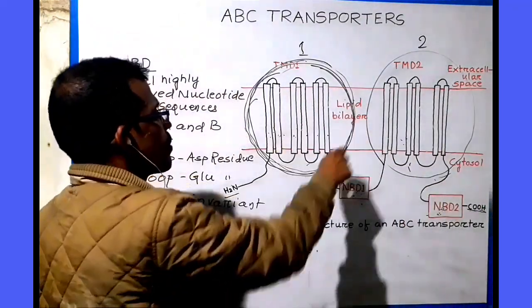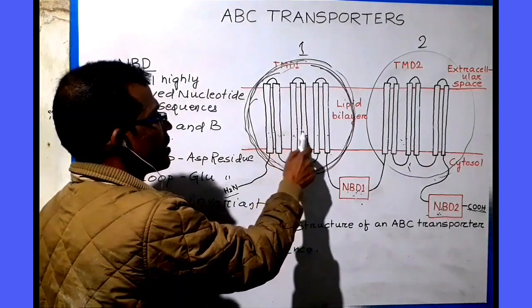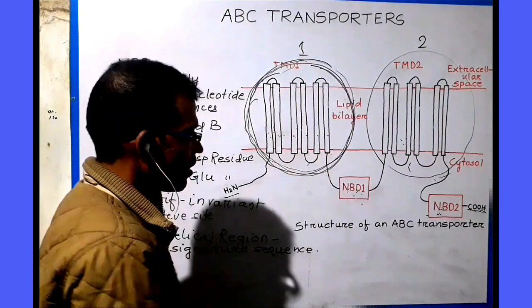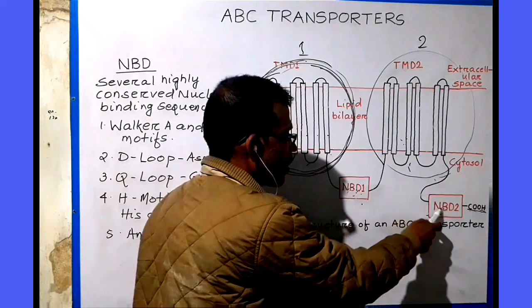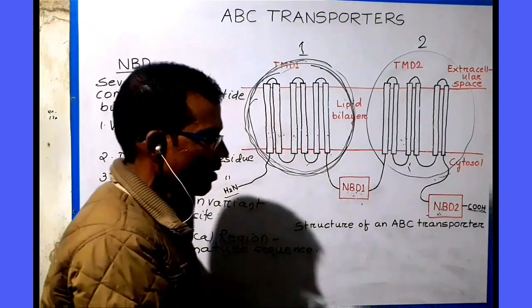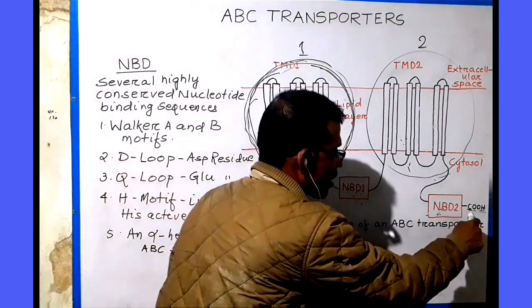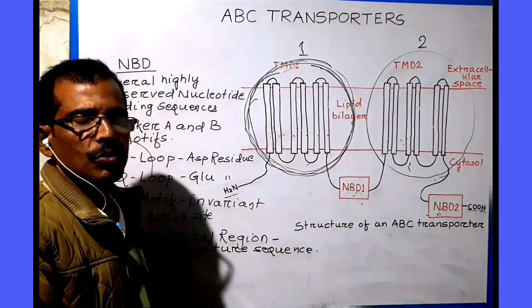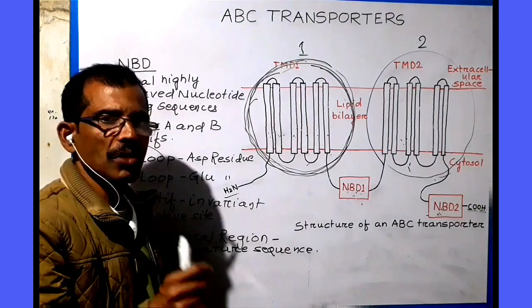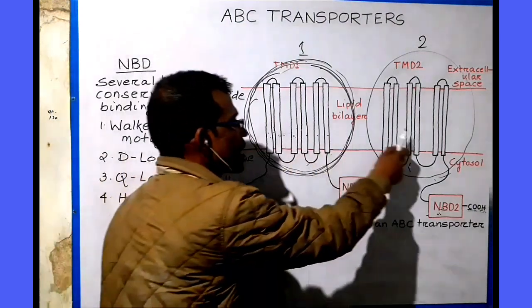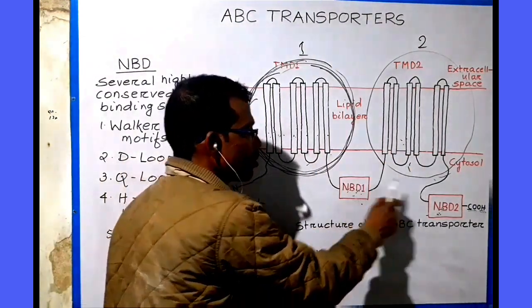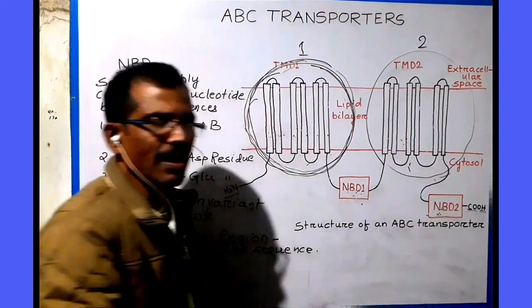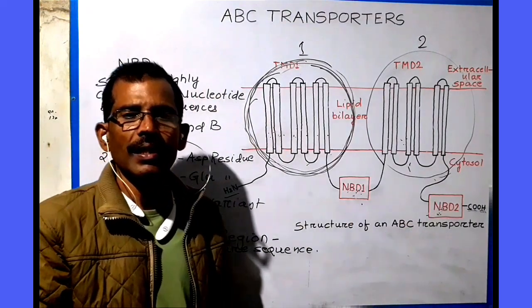Each transmembrane domain has 6 alpha helices. The nucleotide binding domains are cytoplasmic, and this is the carboxyl terminus and this is the amino terminus. So in an ABC full transporter, two transmembrane domains and two nucleotide binding domains are combined in a single polypeptide chain.